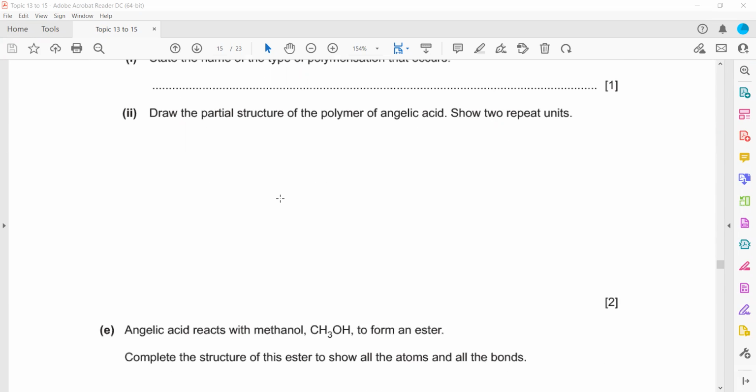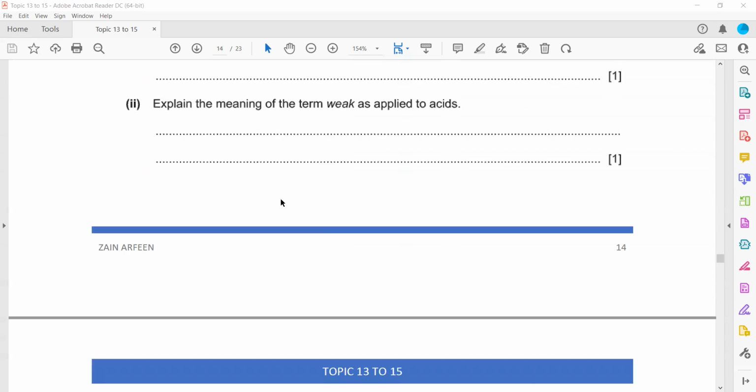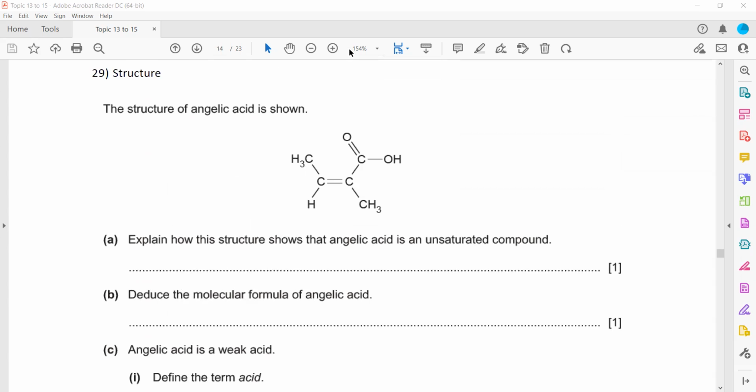Then draw the partial structure of a polymer and show 2 repeat units. How to draw a polymer? You draw the same structure as it is, but without a double bond, because we want to draw an addition polymer. This is one unit.